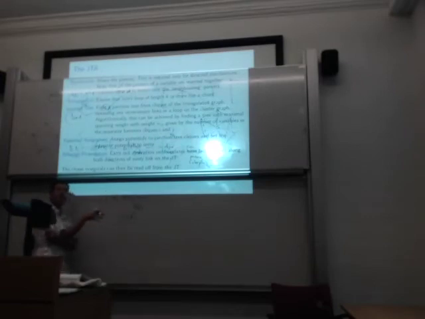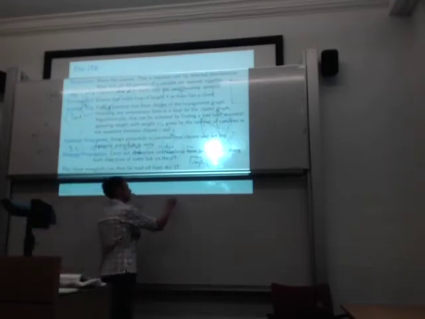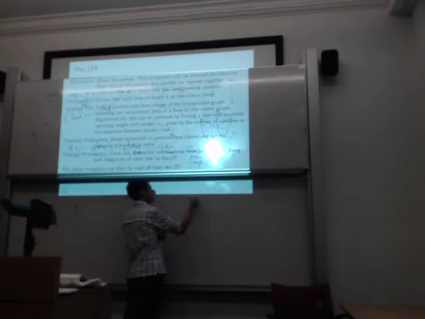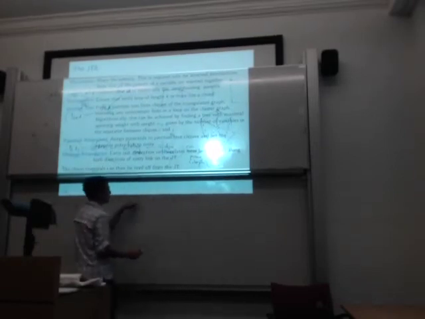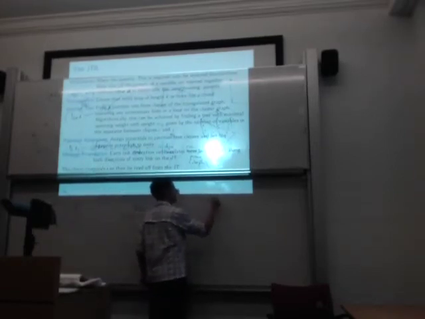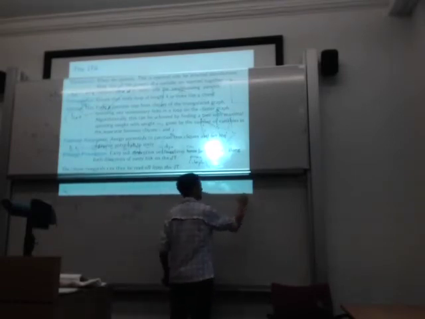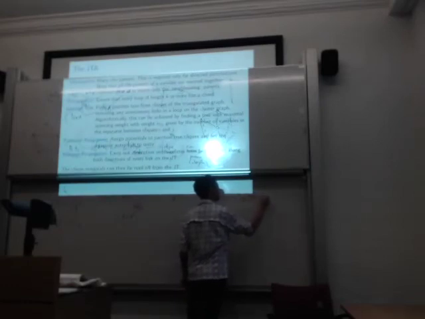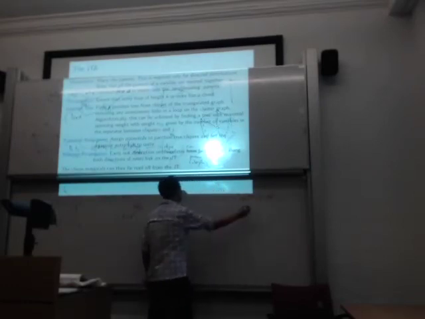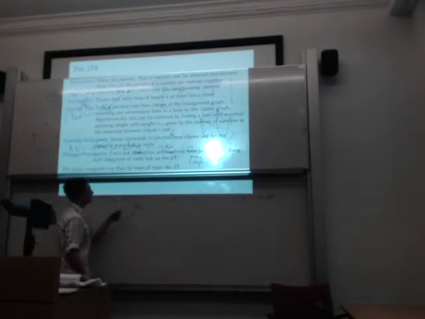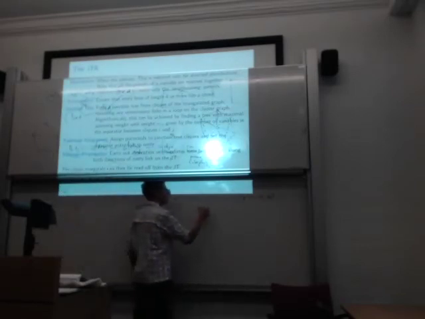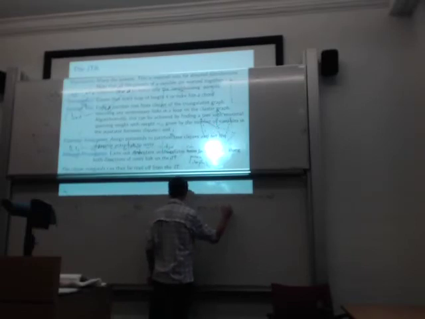That means there exists a clique representation, a junction tree, of the form P of x1, x2, x5 multiplied by P of x2, x4, x5 multiplied by P of x2, x3, x4, divided by the separators, which are P of x2, x5 and P of x2, x4.